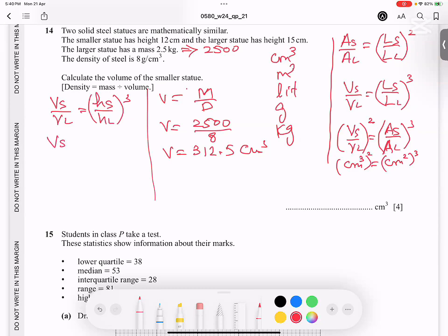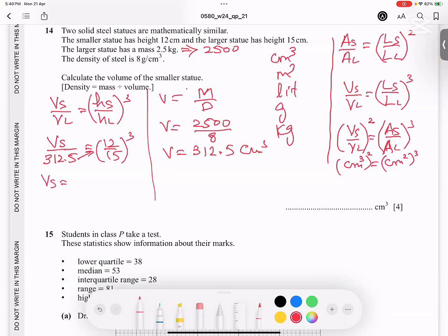Small is unknown, and the larger volume is given by him as 312.5. And small height is given as 12 and bigger is 15. So 12 over 15, and take the cube.